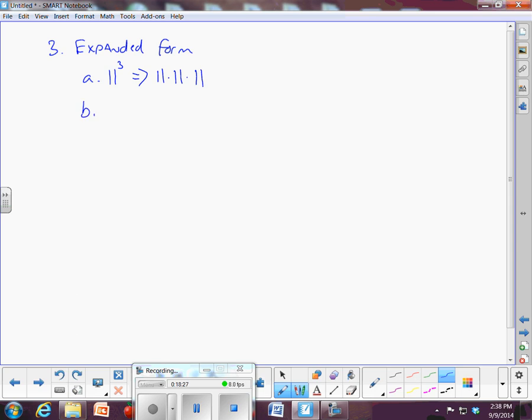Let's do one with a negative base. Let's do a parentheses, negative 2, and let's go with the fifth power. Negative 2 to the fifth power. Okay, so if we were to expand this technically, it would be negative 2, parentheses times negative 2, times negative 2, that's 3 of them, times negative 2, that's 4 of them, times negative 2, that's 5 of them, right?